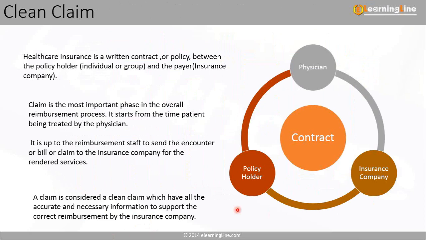These are the three parties to this contract, where your policy holder works in conjunction with the insurance company, and the physician also. Let's say this is the HMO contract: the member has an HMO plan, and the physician is in the HMO network, and both are tied with the insurance company.